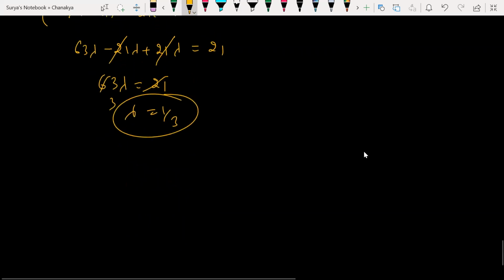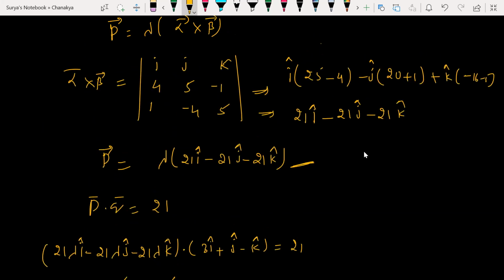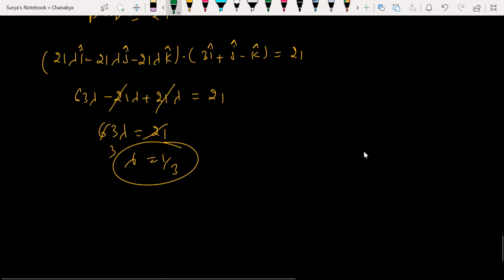So what did we get here? We got the lambda value. So what do I have to do now? Multiplying it with the vector. Look here, let us consider this as my star equation. Substitute from the star equation. What can I write?